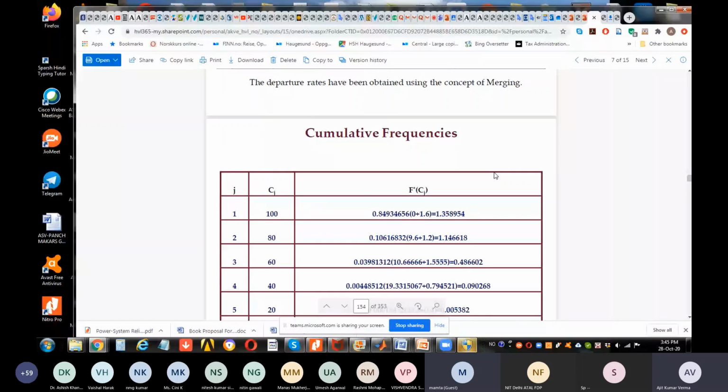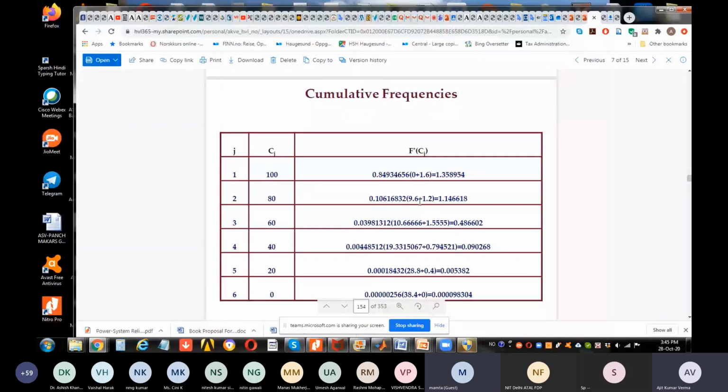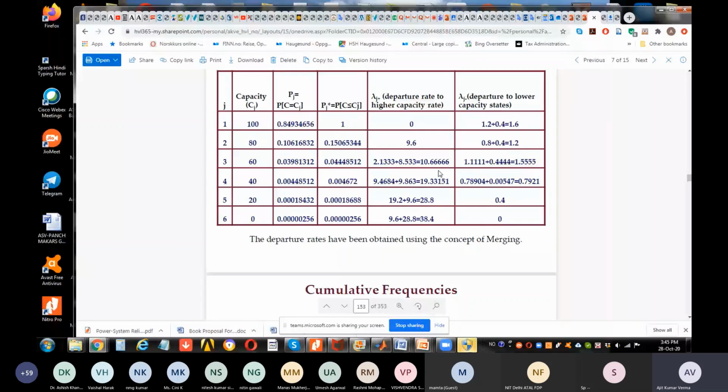So we are trying to find out the frequency of encountering this state. For example, here, this is a cumulative probability, of course. What we are doing is taking the sum of the departure rates, not just the higher or the lower state, but the sum of these two departure rates, either to the higher or to the lower. So 38.4 plus 0 is 38.4, multiplied by this state probability.